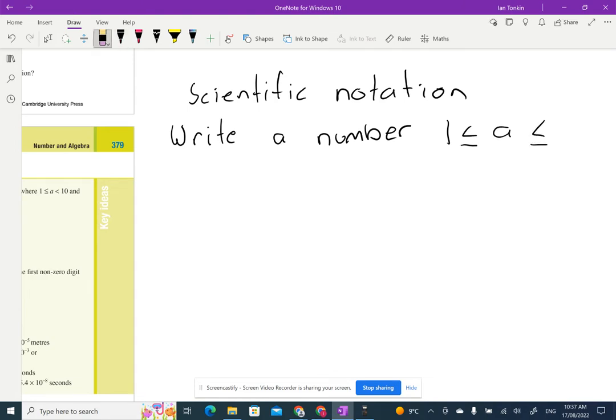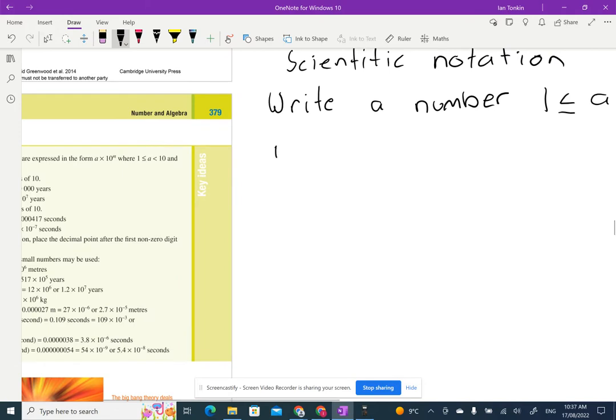And it's not equal to 10 because if you go 10, you're too big. Between 1 and 10. And then multiplied by a power of 10 to give you the magnitude.